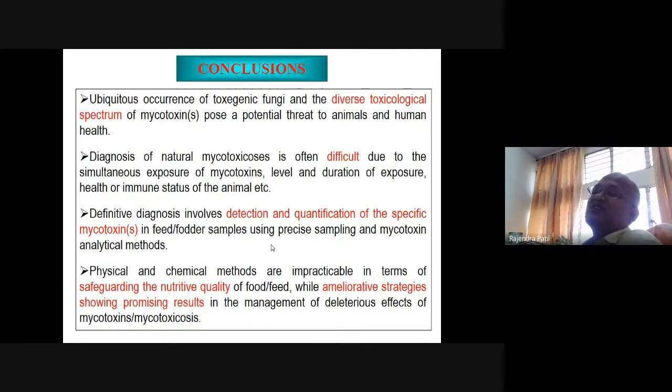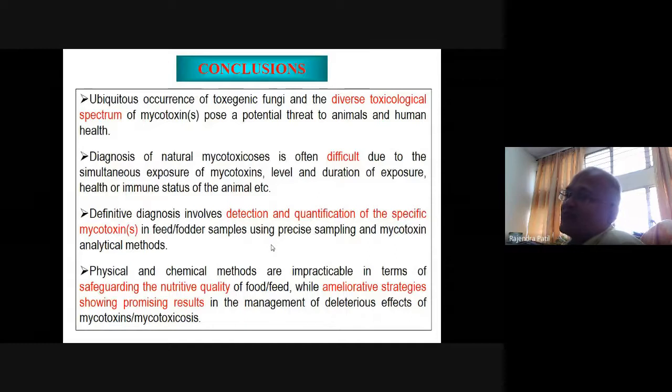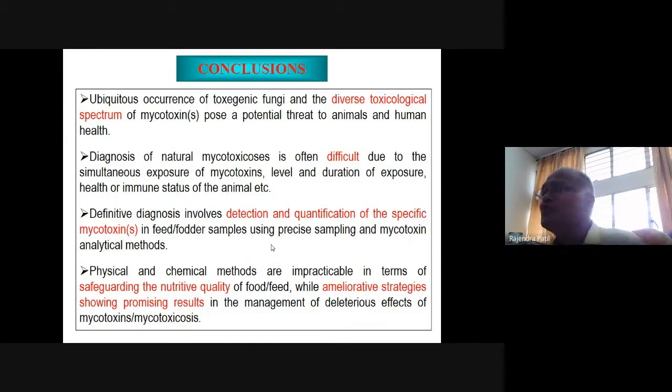Physical and chemical methods, as I told, are impracticable in terms of safeguarding the nutritive quality of feed and food, while ameliorative strategies are showing promising results in the management of the adverse effects of these mycotoxins and mycotoxicosis. Okay, thank you.